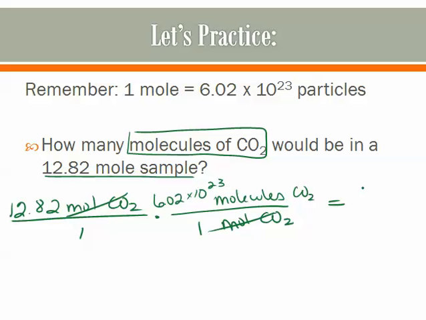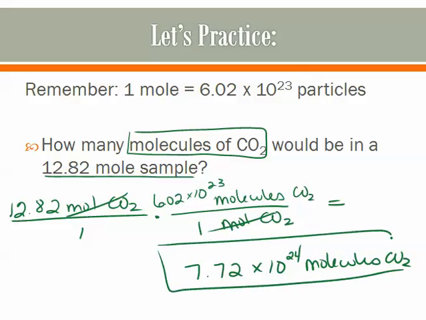So now we can grab our calculator, and we end up paying attention to significant figures. We have 4 here and 3 here, so my final answer can only have 3. We should get 7.72 times 10 to the power of 24 molecules of CO2 present in that 12.82 mole sample.